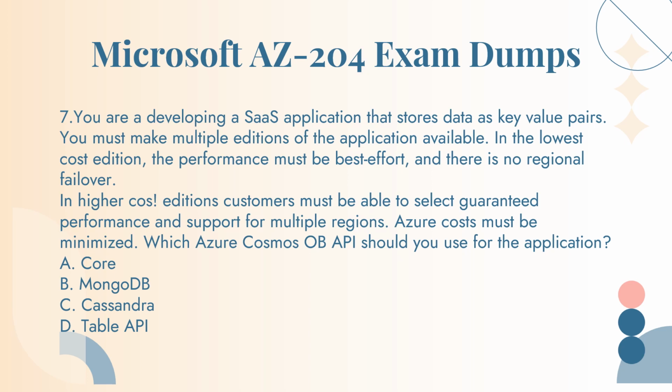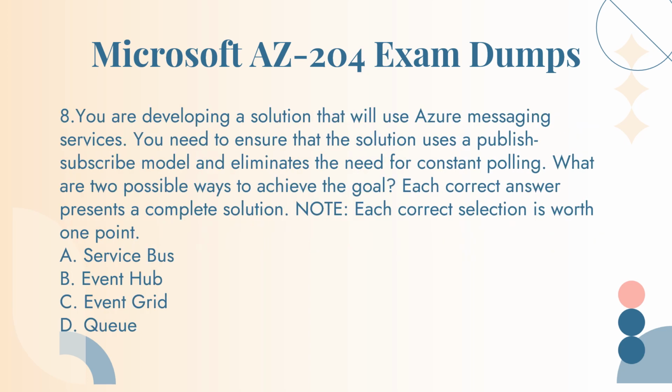Azure costs must be minimized. Which Azure Cosmos DB API should you use for the application? A. Core. B. MongoDB. C. Cassandra. D. Table API.